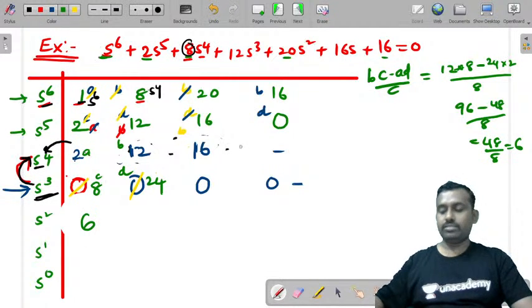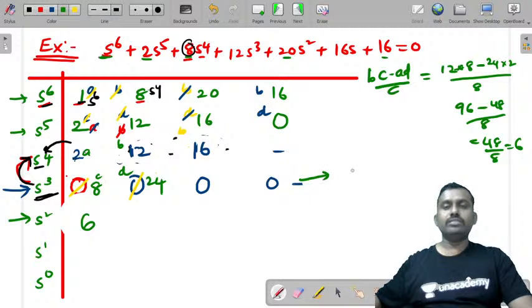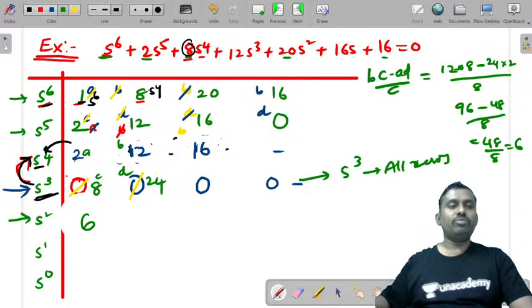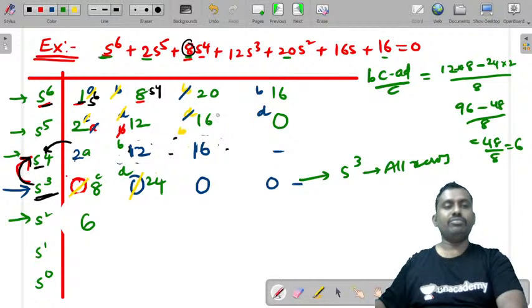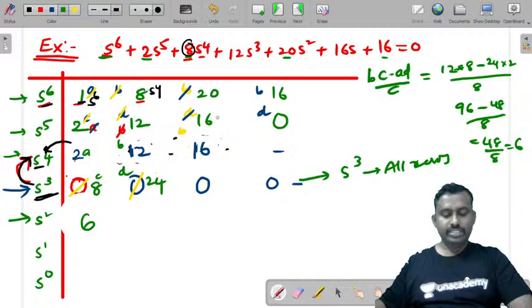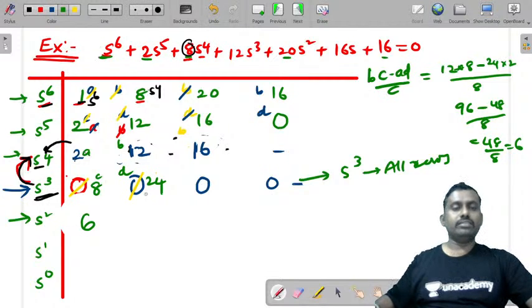Coefficient of s square is 6. What have we done? In s power 3, we got all zeros. So we took the s power 4 row and got an auxiliary equation, differentiated it, and we have written the coefficients of that differentiated auxiliary equation.